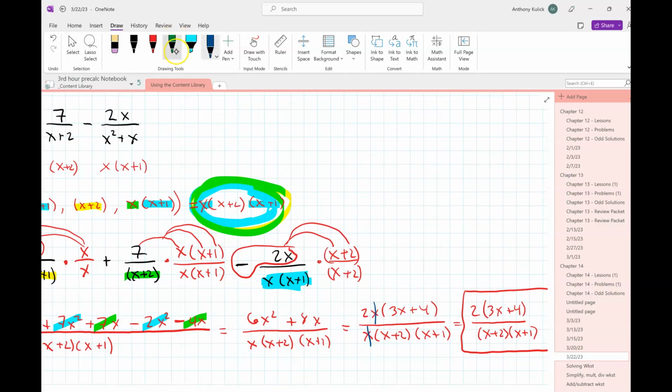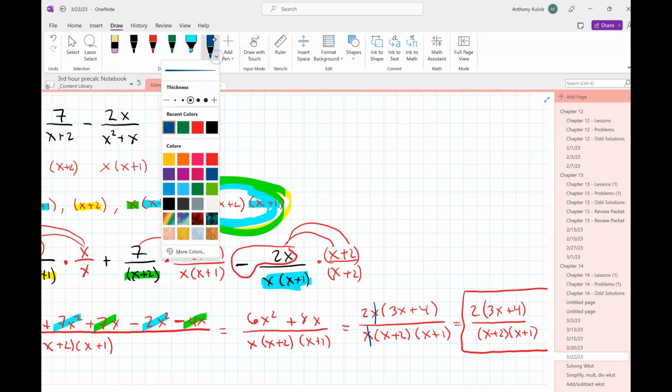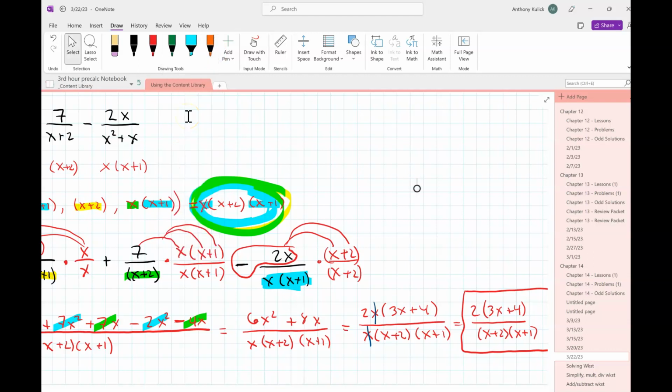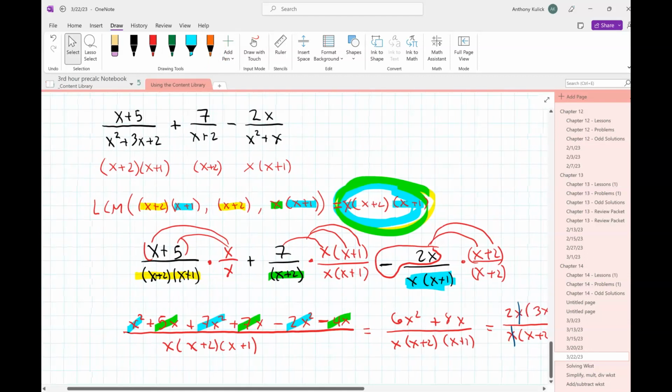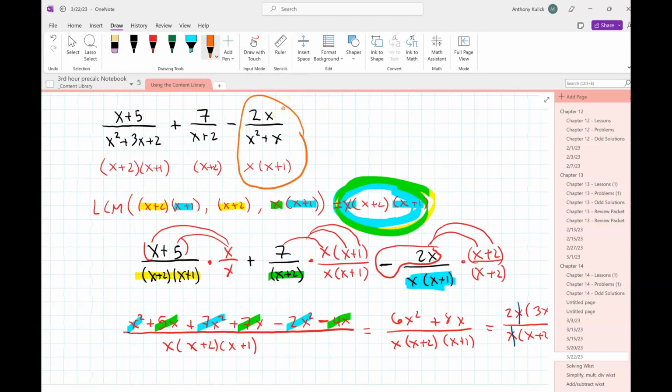I want to point out one thing to y'all, is that we could have made this problem a little bit easier way back in the beginning. What do you notice about this fraction? The one I circled in orange.